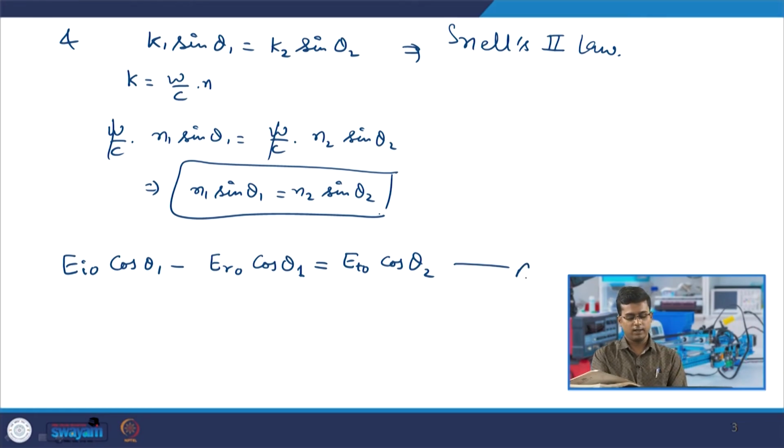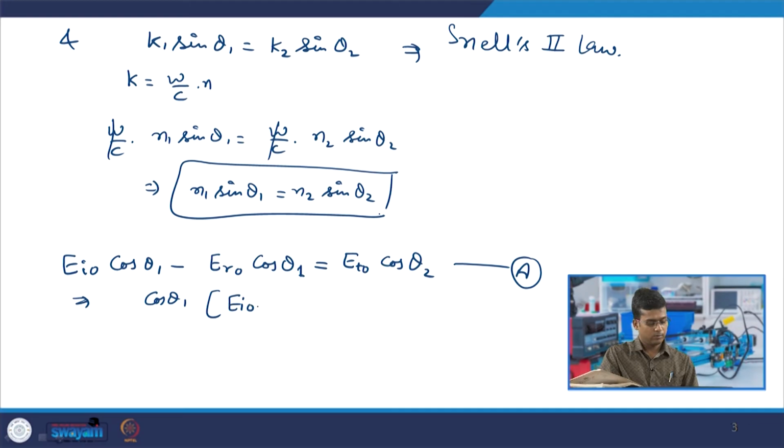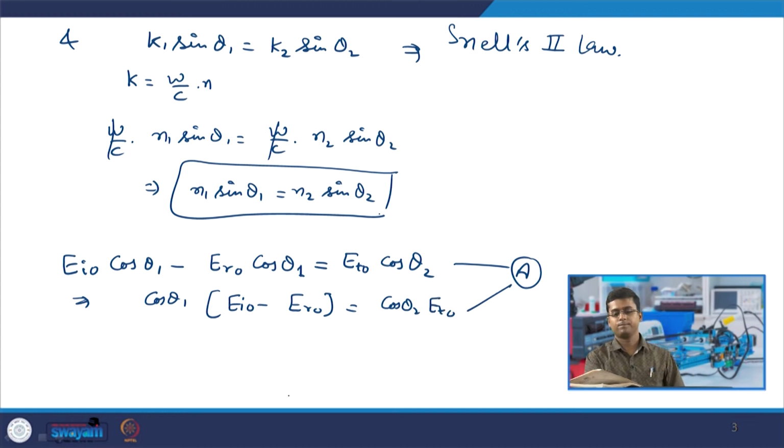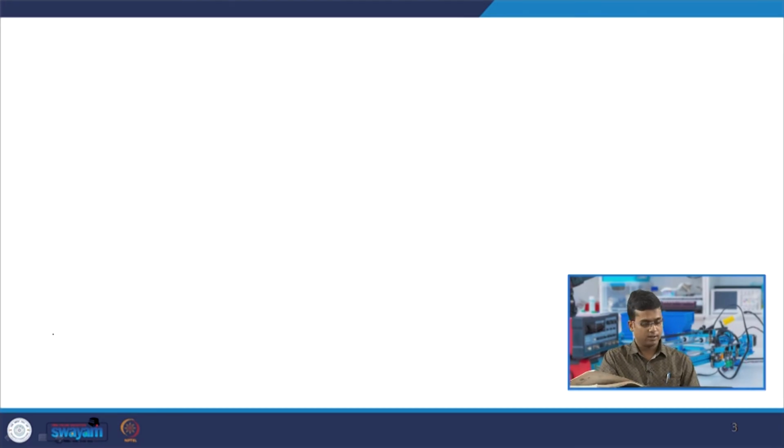This is equation A. You can further simplify it: cosθ1 (E_I0 − E_r0) = cosθ2 E_t0. Basically, this is one. What is the second one? The tangential component of electric field. Let us see what happens with the tangential component.